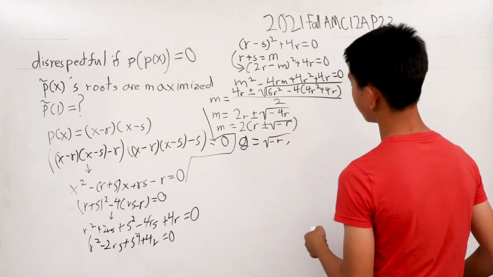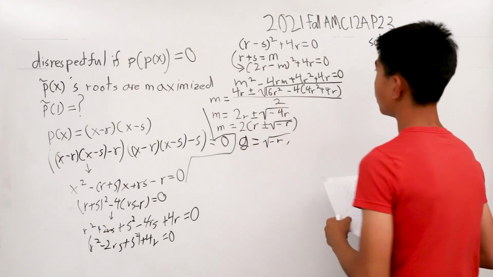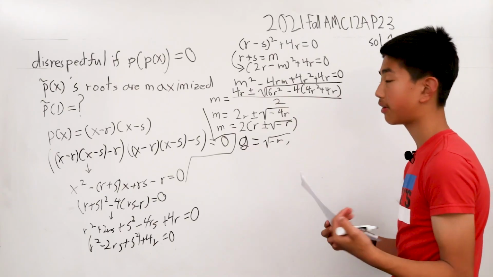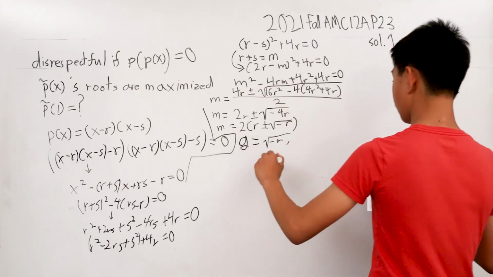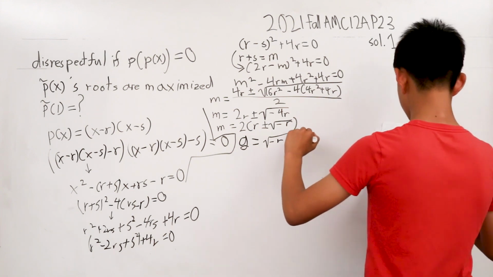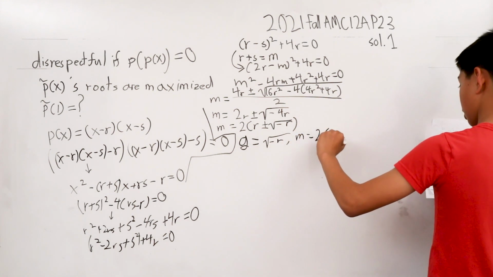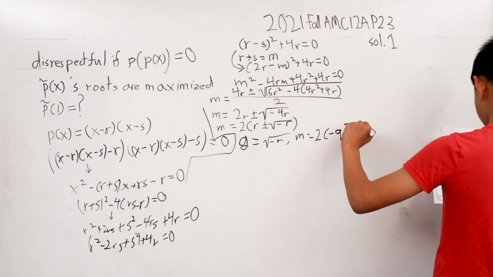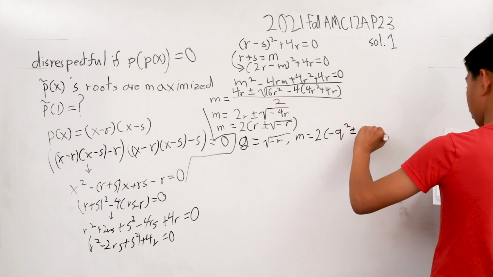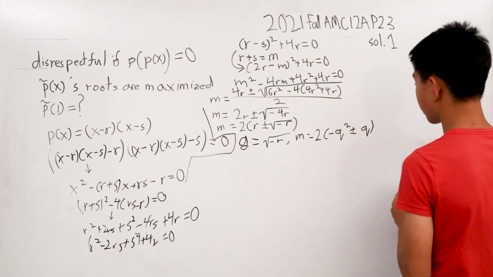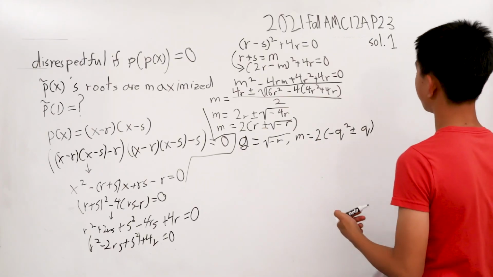Now you can plug this value of q into both of these r's, as we do not want 2 variables simultaneously. That would be very messy. So m, in this case, is equal to 2 times negative q squared plus or minus q, simply. Now that we have that, we again want to maximize the value of m.